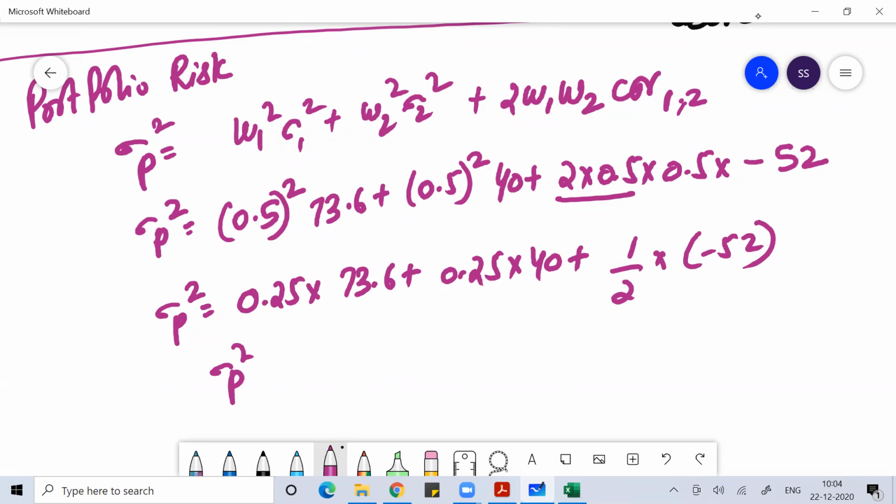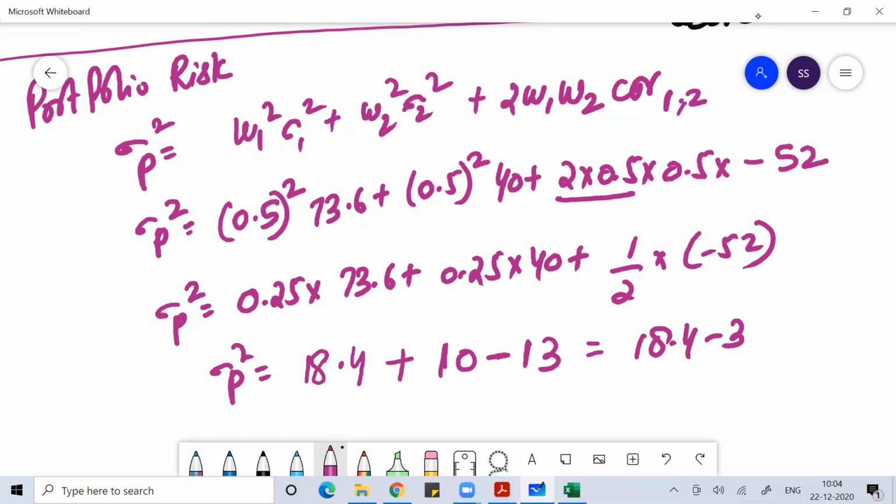So the variance of the portfolio is 18.4 plus 10 minus 13, so you will get 18.4 minus 3, which is 15.4.